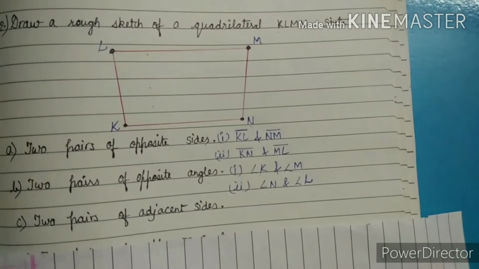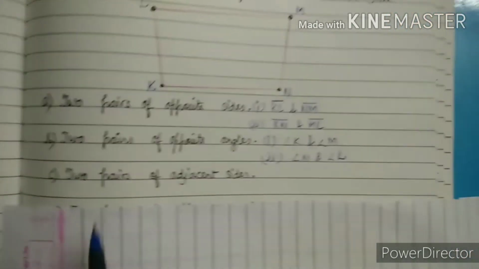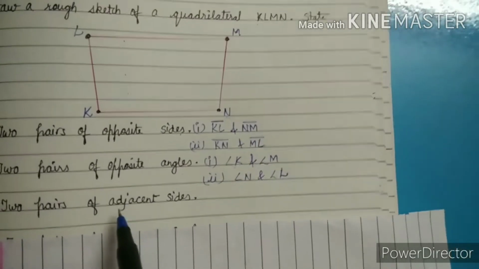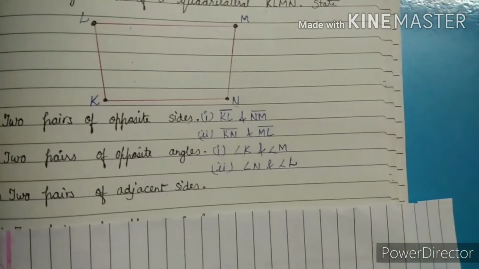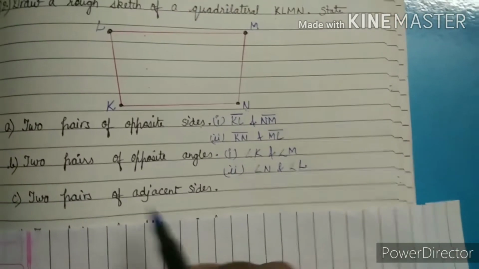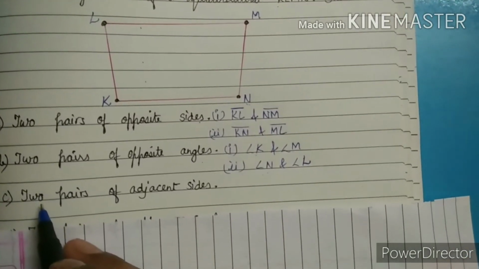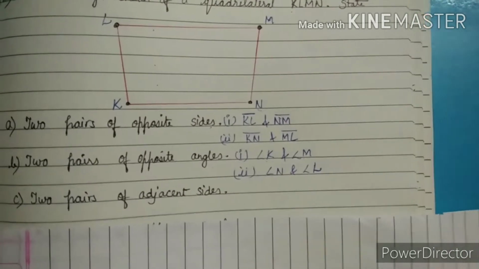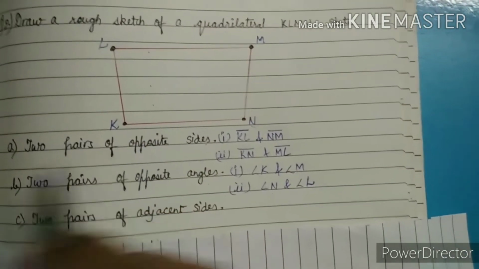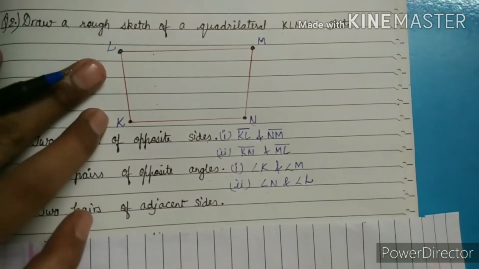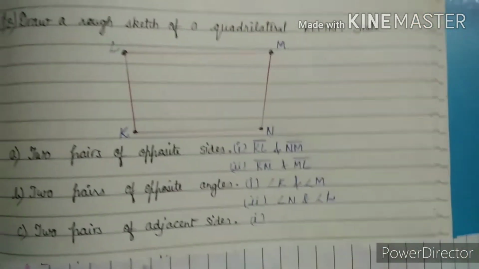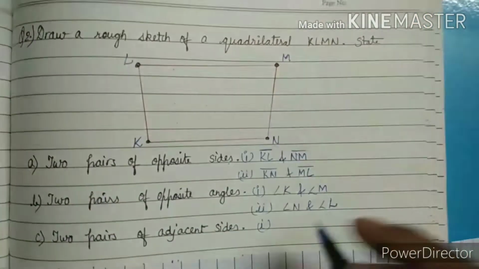Now see, two pairs of adjacent sides. Adjacent means neighbor sides, which are neighbors to each other. So we have to write only two pairs. Let's see how to write. We can take any side. I am taking first KL. So firstly we are taking KL.